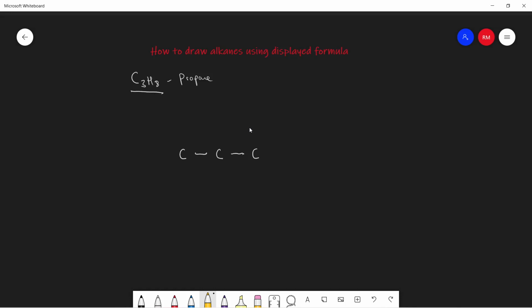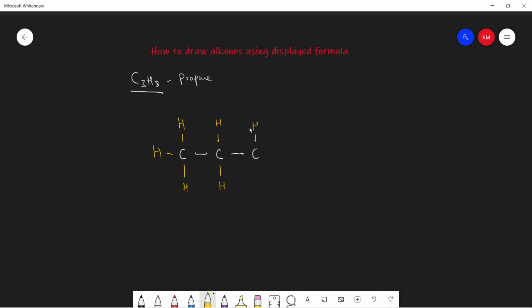So let me just highlight here. We can see this middle carbon has already been bonded to 2 other carbons. So we know it can only bond up to 2 more times. So now we're just left with 6 hydrogens left. And we can see here that these 2 carbons either side of the chain are only bonded to 1 other atom.